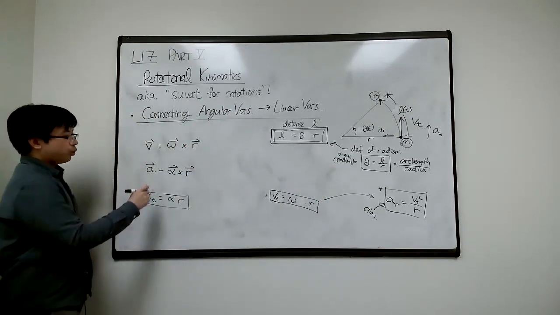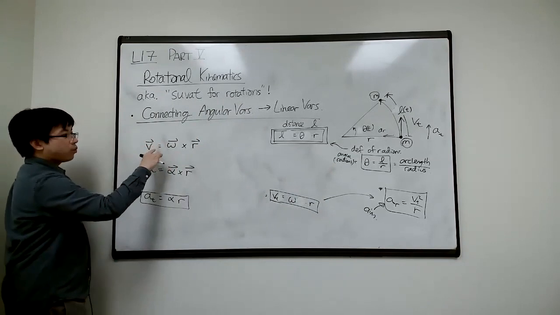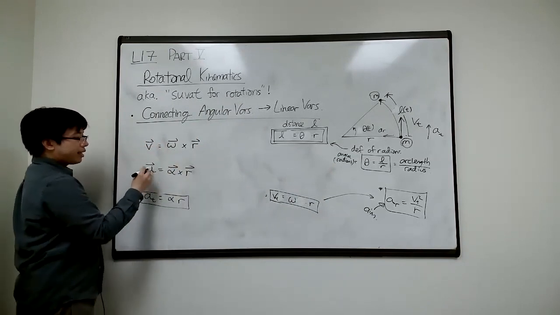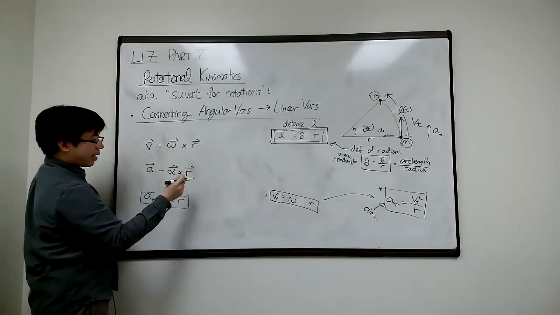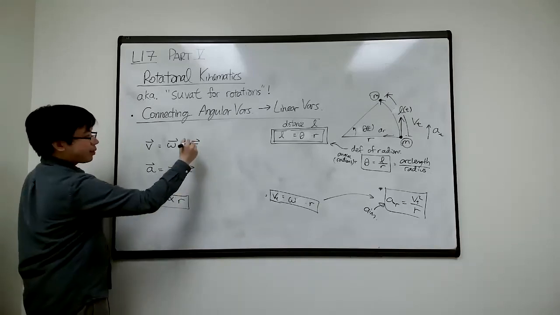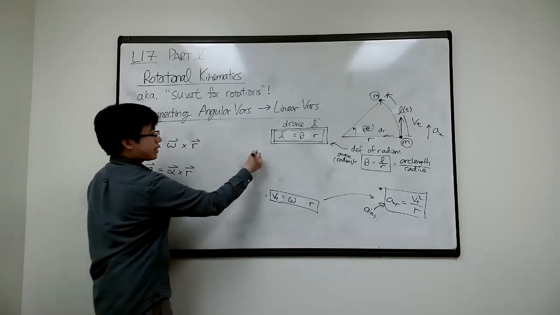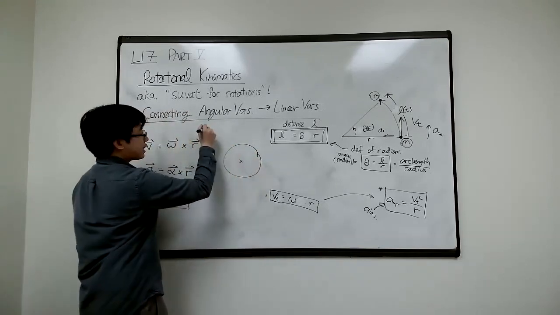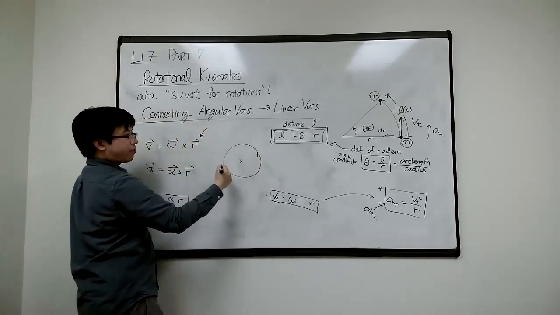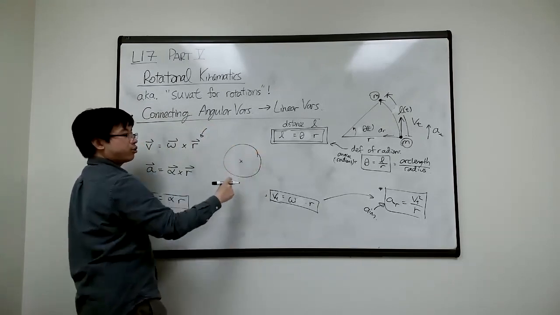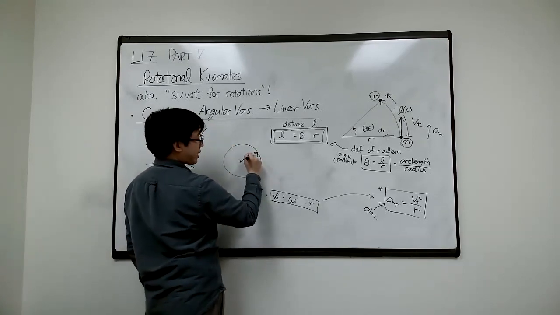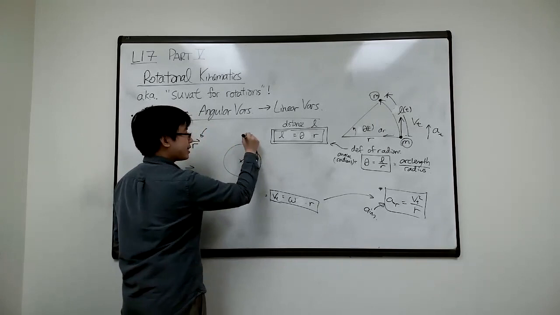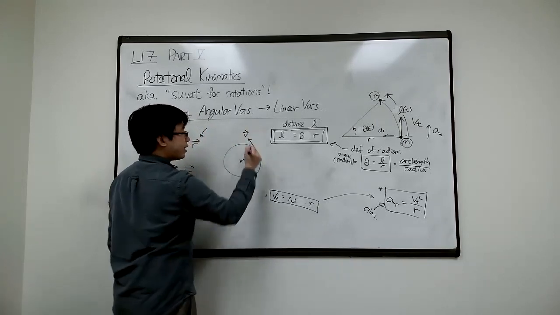So what does that mean? Well, we know what R is. R is the position vector. So this is the position vector with the origin over here, or the displacement from the origin to a certain point. So this is the vector R. This is the vector V, right?